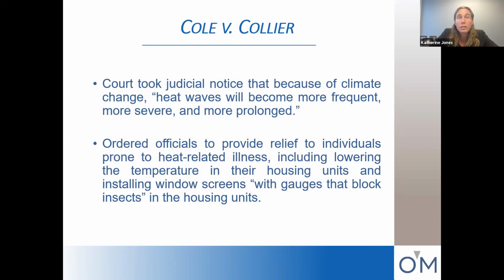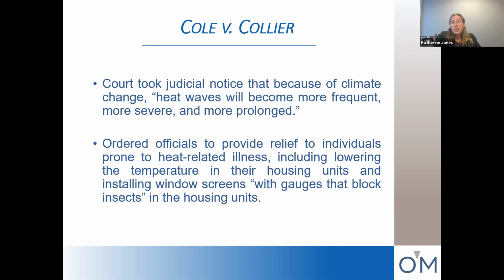And because of that, the court ordered officials at the prison to provide relief to the individuals that were getting the heat-related illnesses, including lowering the temperature in the housing units and installing window screens with gauges that block insects into the housing units. But that was another part of the case.